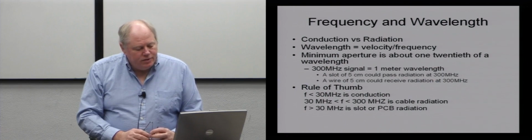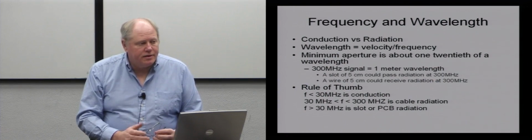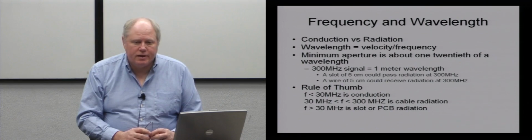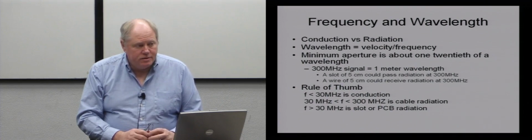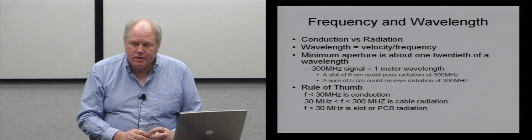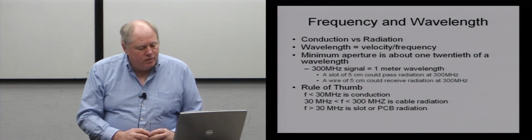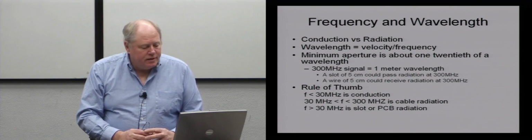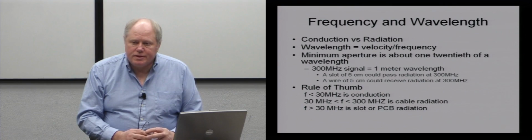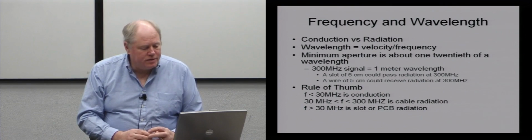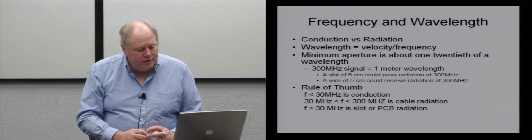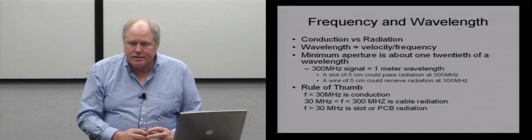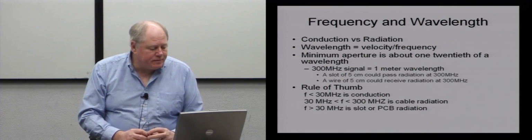In general, though, at lower frequencies, things tend to be conducted. If it's a 10 kilohertz thing, it's probably not radiated, although it depends on your problem. If you're working on a windmill farm kind of thing, and you've got wires that are going several hundred meters or something like that, maybe you can pick up some noise that's radiated at 10 kilohertz. Or you can radiate noise at 10 kilohertz into something else that's got similar dimensions.